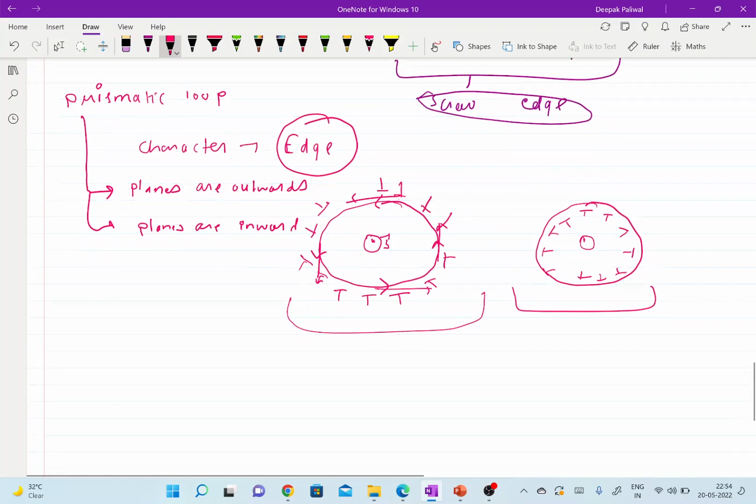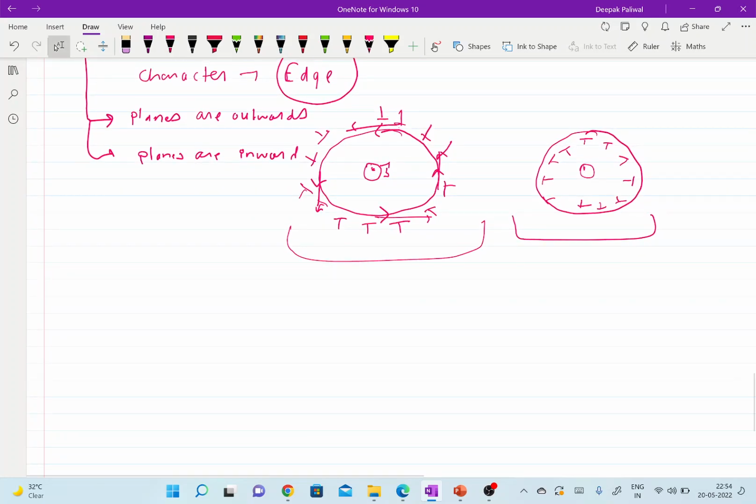Okay, again, suppose we have a dislocation line like this, and it has a Burgers vector like this, and this is the tangent.